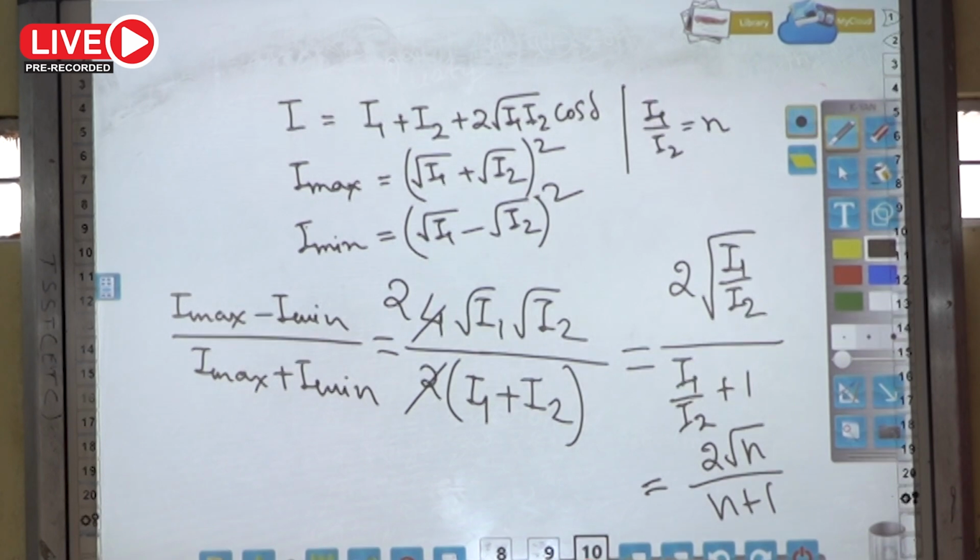This question is from the interference of light.